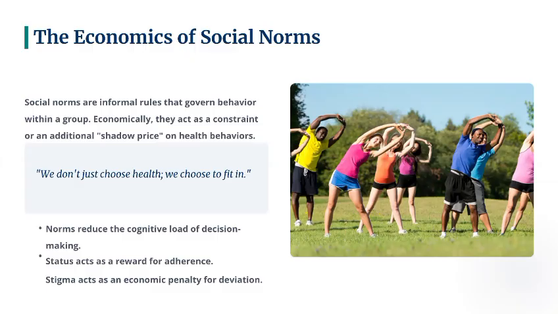If you do something uncool against the norm, you pay a price in social stigma. Conversely, following the norm can provide a reward in social status. As the saying goes, we don't just choose health, we choose to fit in. Norms reduce the cognitive load of decision making. Status acts as a reward for adherence, and stigma acts as an economic penalty for deviation.